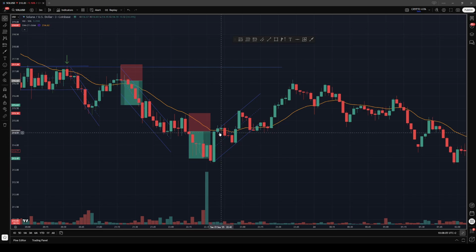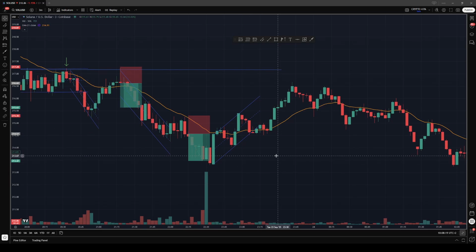Wait. No. First entry. Second entry, short. No, you can't take a second entry short, and you know that we pushed above EMA. We can look for longs here. Second, I don't like to type.